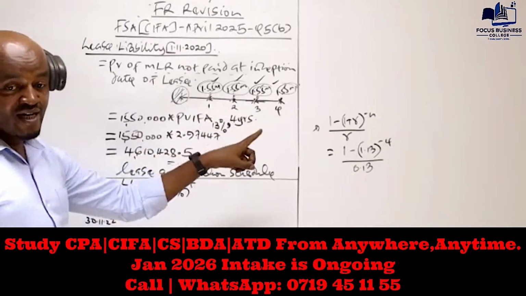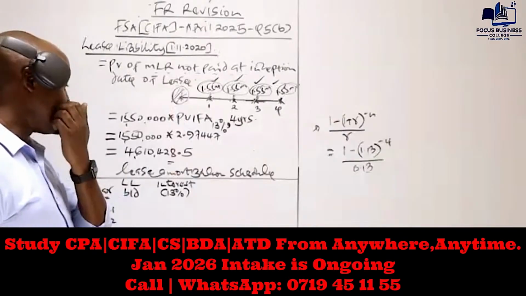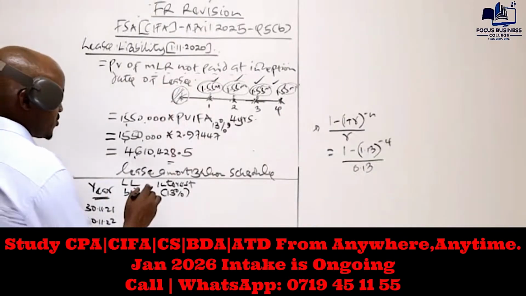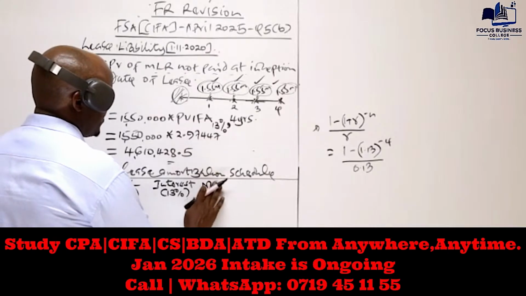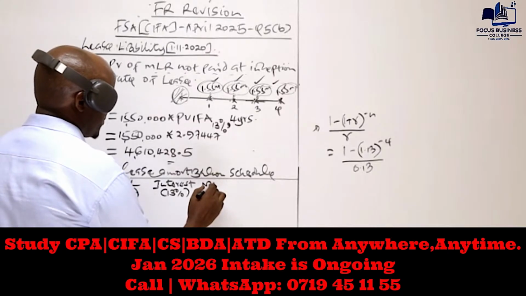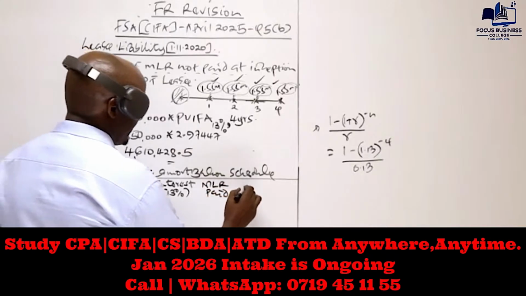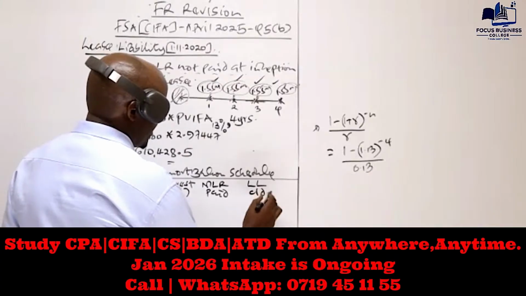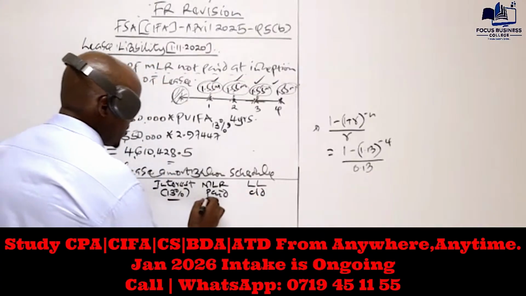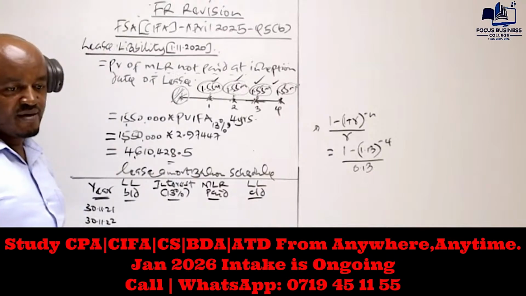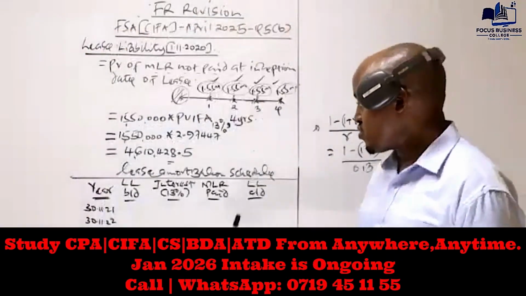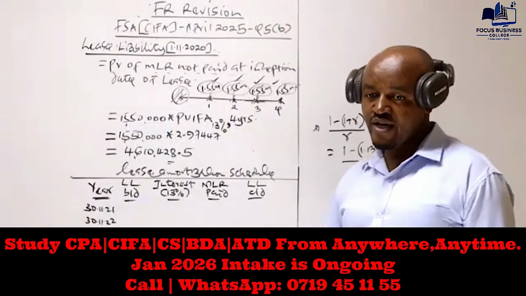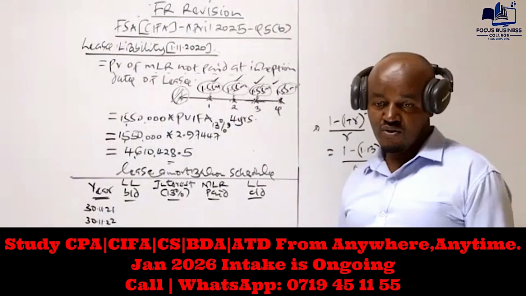Yes, but because it is payable at the end, the next column should be for the interest, then the minimum lease rentals paid. And finally, we have the lease liability at the end of the year. So that's how we arrange the lease amortization schedule. You can see we always interchange these two columns, depending on when the minimum lease rentals are payable.